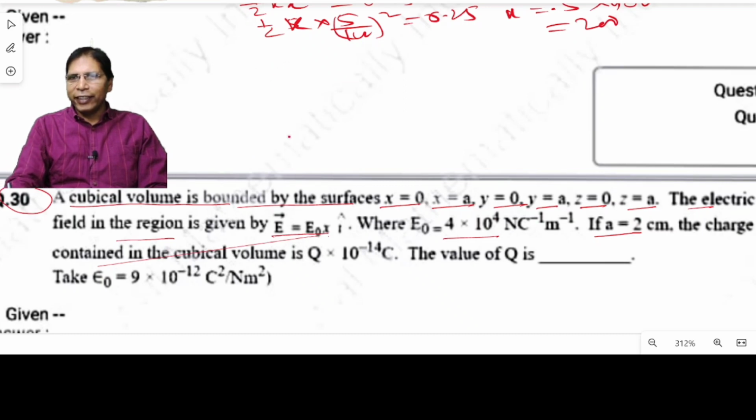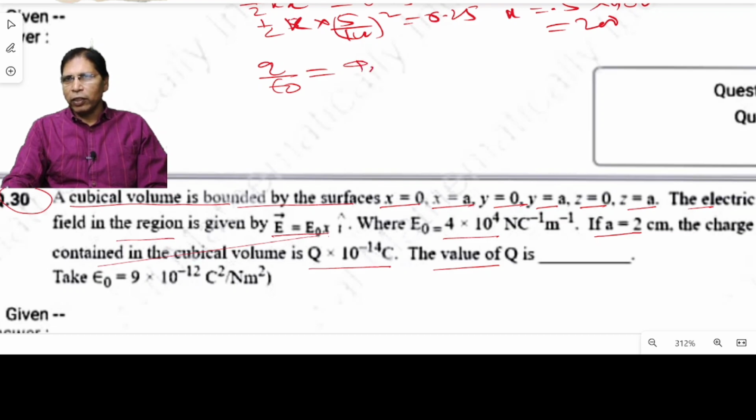Now look at this, the value of q. Now look at this, the q by epsilon naught equal to phi 2 minus phi 1. Now phi 2 is the E2 into A2 minus E1 into A1.